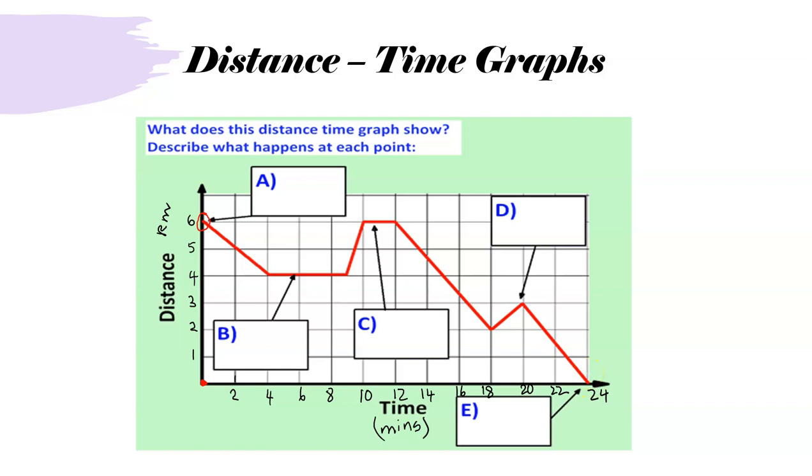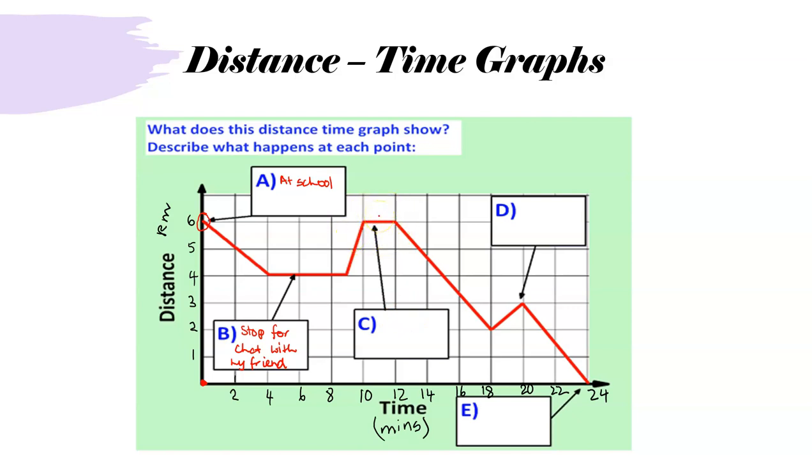So, what's happening at each of these points? Well, here is where I am at school, ready to come home. Here is where I stop and meet my friend and chat. I stop for a chat with my friend. What happens here?